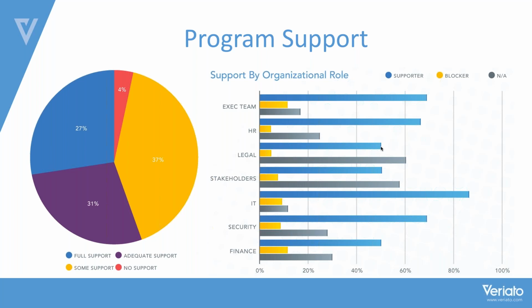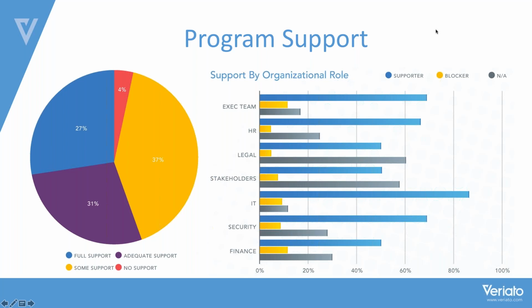As you look on the right-hand side, for every organizational role, we've got supporter, blocker, and if it just didn't apply to their companies. For example, maybe your organization is too small to have legal in-house, so there is no legal. You might want to focus on just the blue line and the yellow line, the top two in each of the role categories.